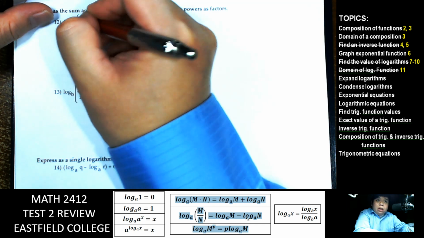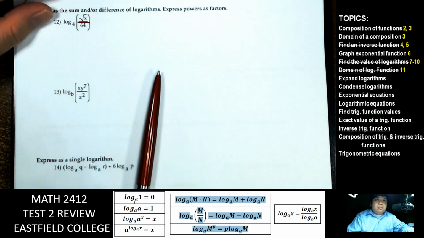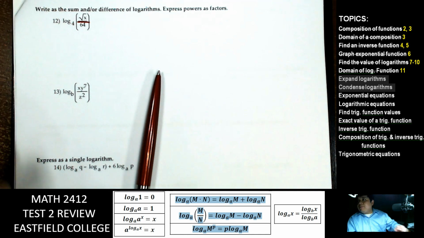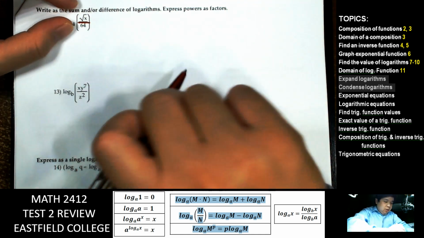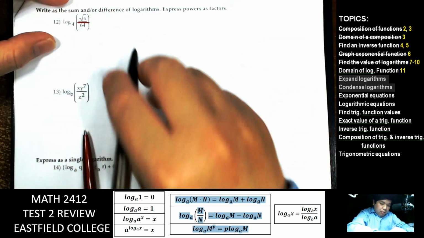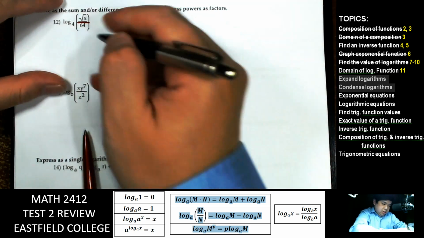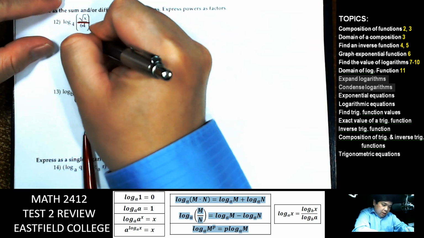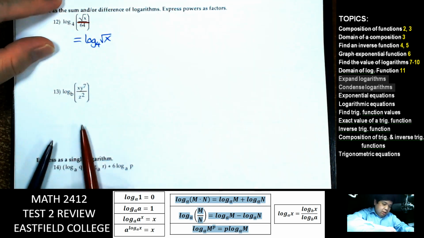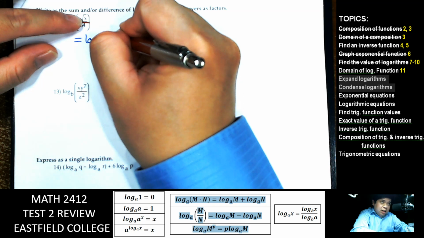By the way, we're going to do the expanding and condensing at the moment. So first we have division, meaning that it is a difference. So division is a difference.